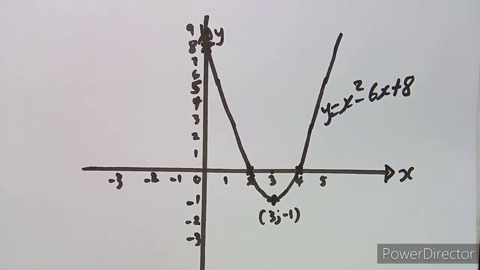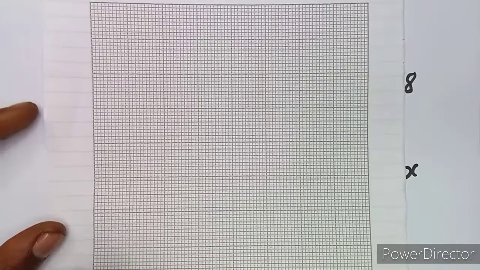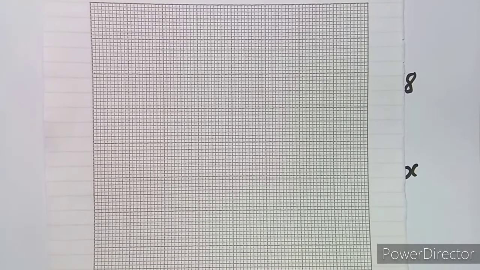How now are you going to do this? Definitely they will give you a graph paper that you're going to use, and I must have something that we can just show each other how it looks like. So this is the graph paper that I'm talking about here, which has got smaller lines like this, okay? So what you need is to just mark your points in a visible manner.